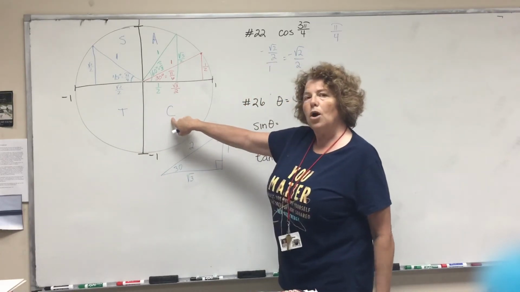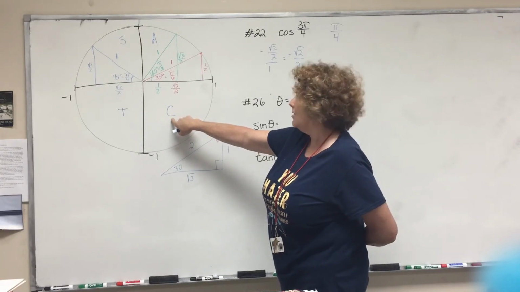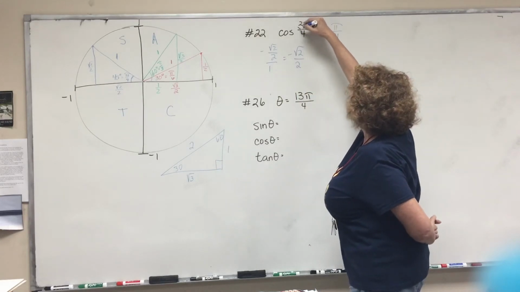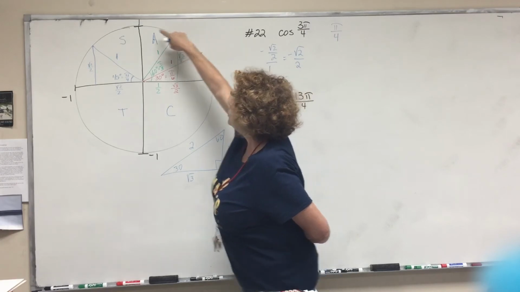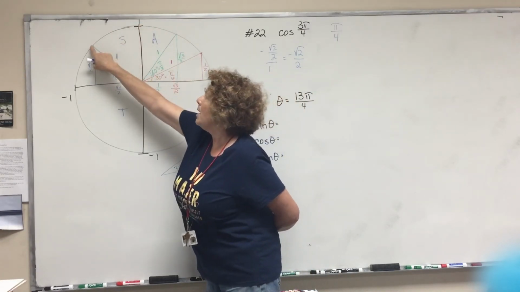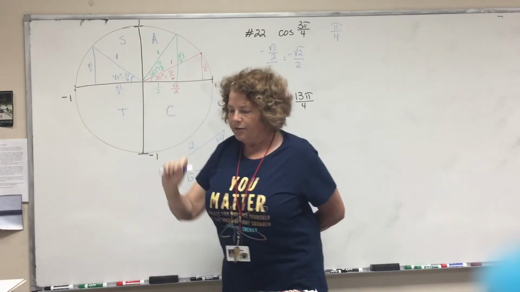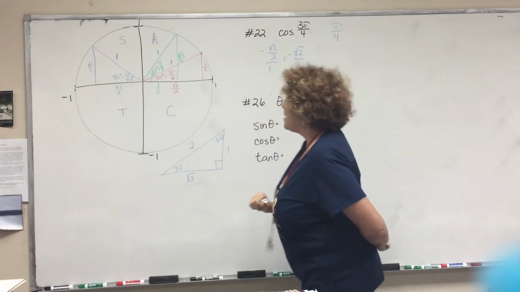And in this one, only your cosine is positive, so your sine and your tangent will be negative. So figure out where it is by counting over. There is pi over 4, 2 pi over 4, 3 pi over 4, 4 pi over 4, 5 pi over 4. And if you have your unit circle written, you'll be able to see where they are.